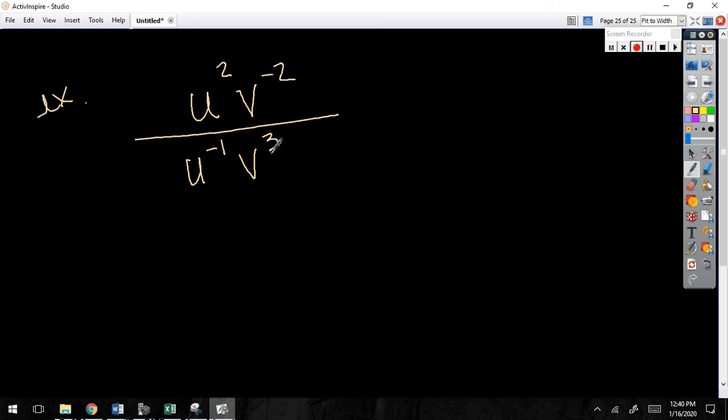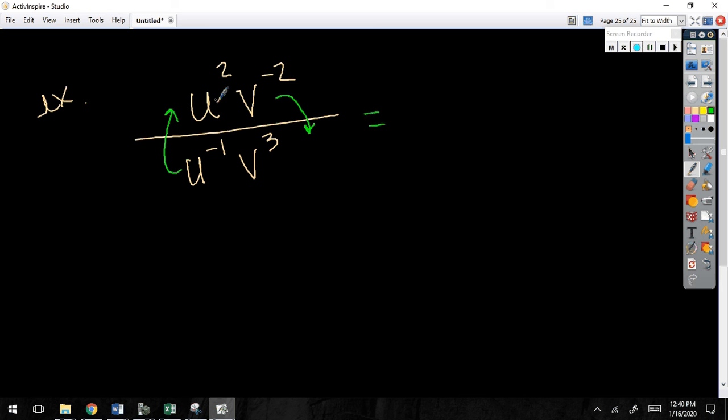You can do whatever property you want first, as long as they're valid properties. So what do you see that maybe I should do first? I would flip the negatives. Make sure whenever you're moving negatives that you're only moving that base that has the negative exponent hooked to it, okay? If there's a coefficient in front, that does not move with it. It's only the base itself.